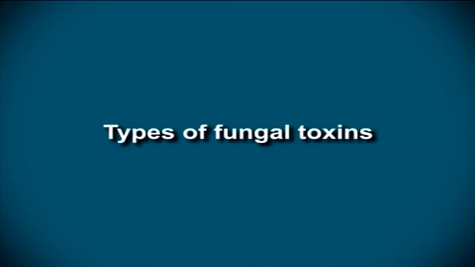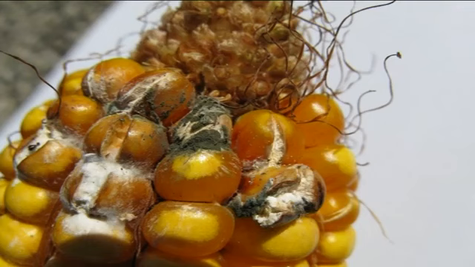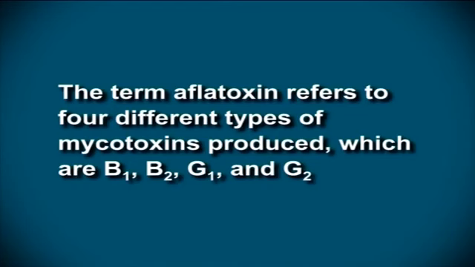Types of fungal toxin. Aflatoxin. Aflatoxins are a type of mycotoxin produced by Aspergillus species of fungi such as Aspergillus flavus and Aspergillus parasiticus. The term aflatoxin refers to 4 different types of mycotoxin produced, which are B1, B2, G1, and G2.